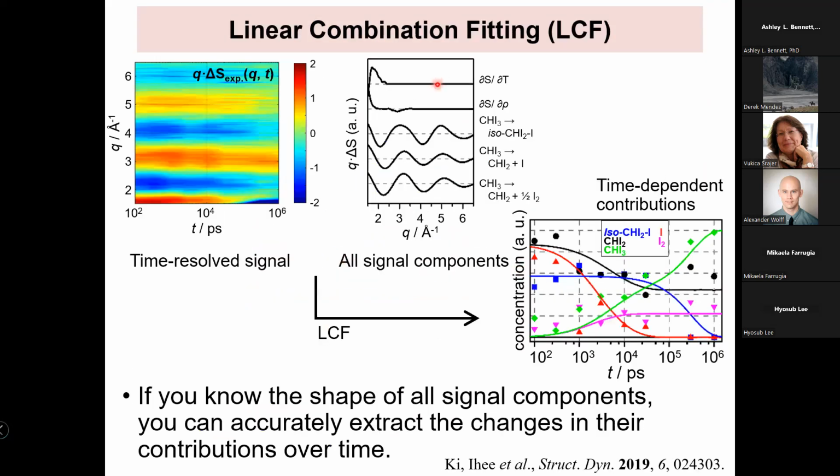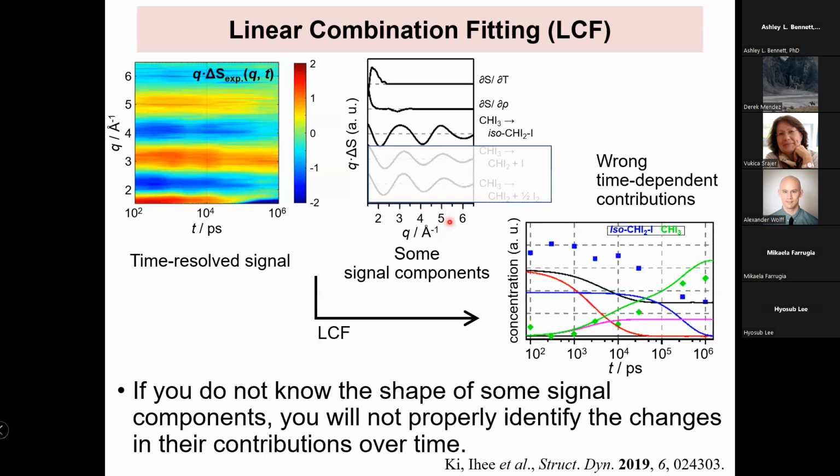As an example, here is TRXL data for the small molecule CHI3. This signal is composed of a linear combination of 5 different signal components. If we perform LCF of this data using these 5 signal components, we can properly obtain the time-dependent change of the contribution of each signal component.